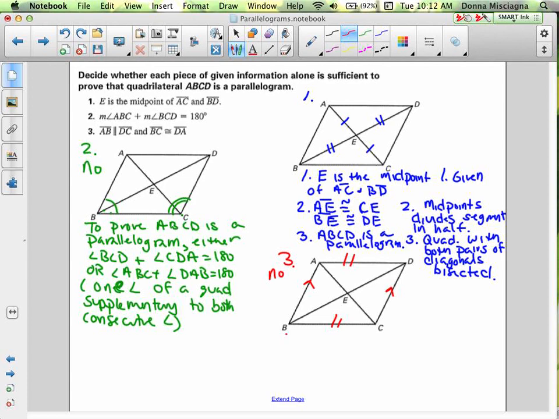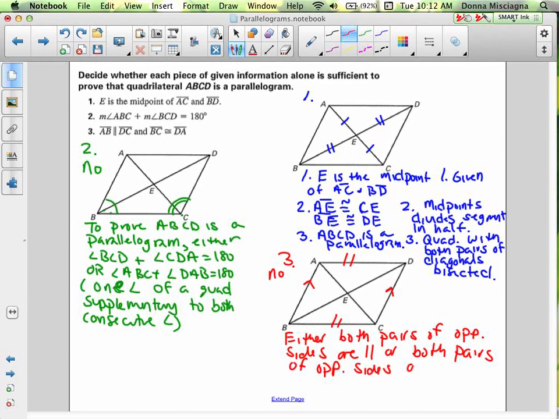And we need any one of these, right? Either both pairs of opposite sides are parallel, or both pairs of opposite sides are congruent, or one pair of opposite sides is parallel and congruent.